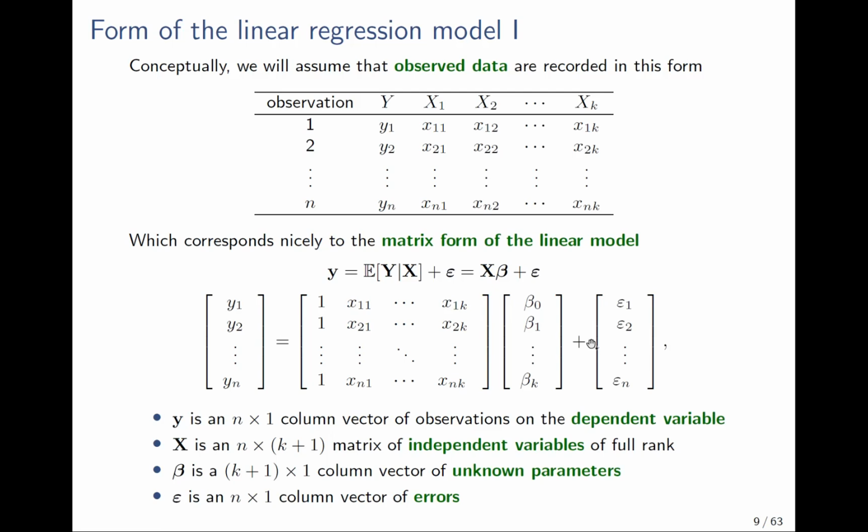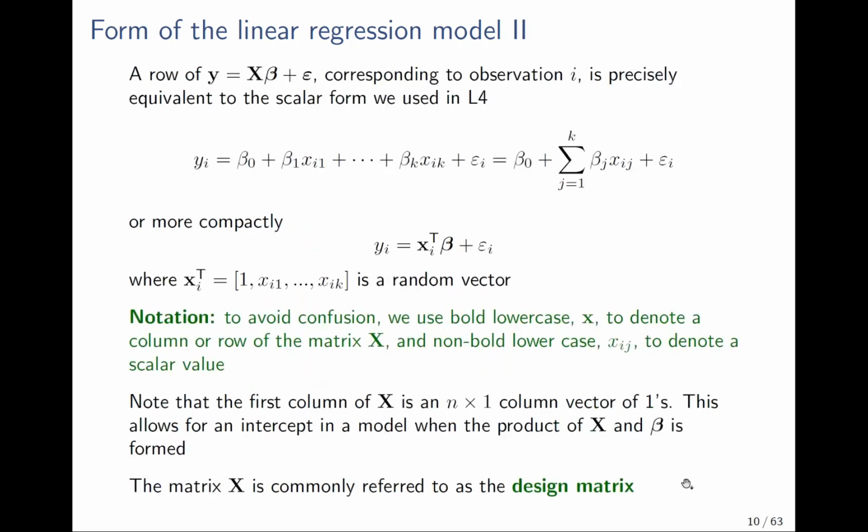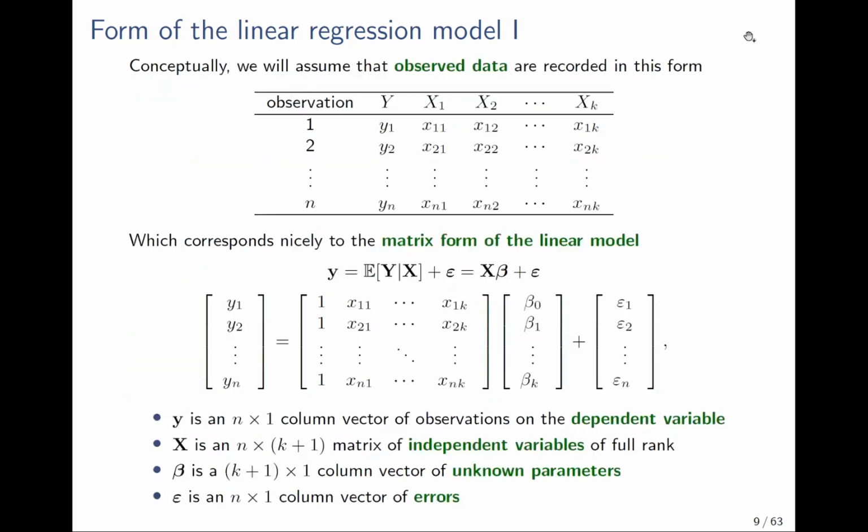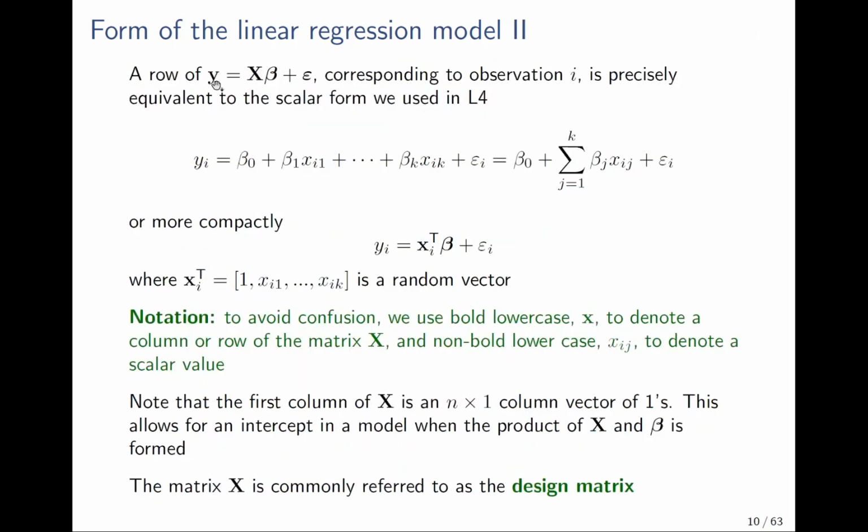And then finally we have the vector of errors. It's an n by 1 column of error terms. So that's the form of the regression model shown here. y equals x beta plus epsilon. Now a row of this x beta plus epsilon, corresponding to observation i, is precisely equivalent to the scalar form that we introduced in lecture 4.